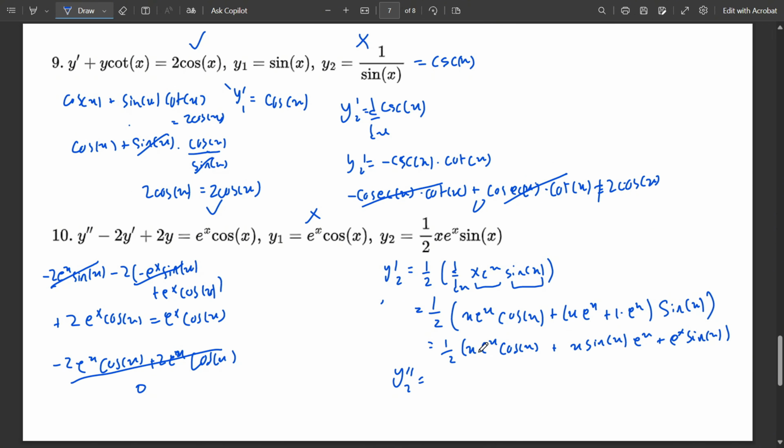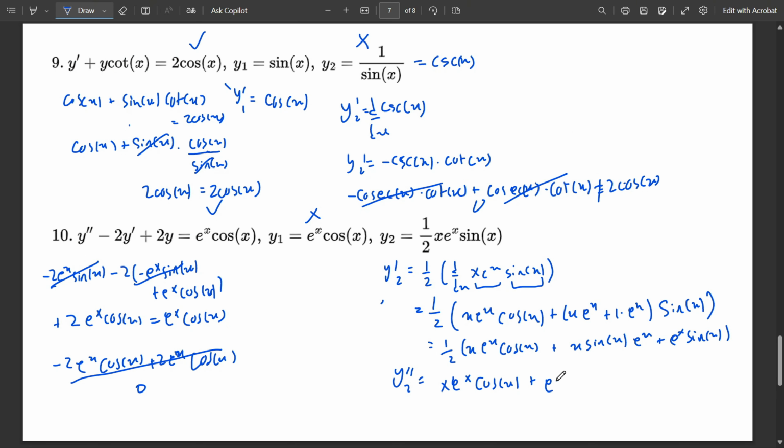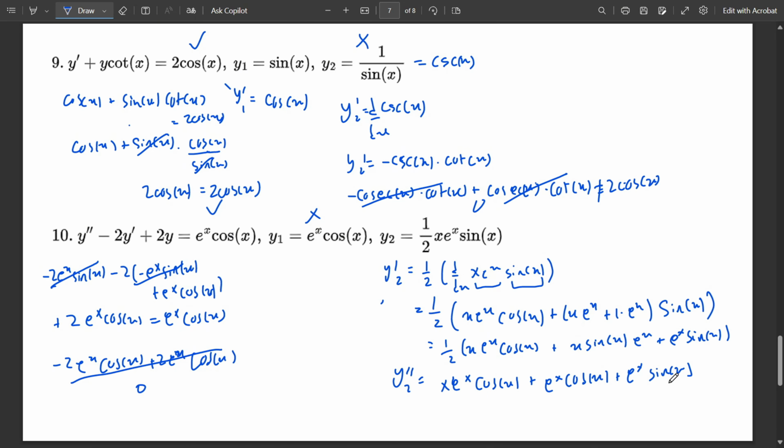So our y double prime 2 is x e to the x cosine of x plus e to the x cosine of x plus e to the x sine of x. Substituting into the differential equation, let's use the notation tau.